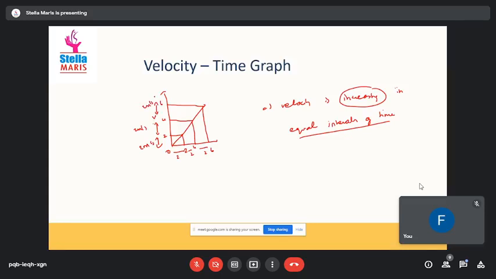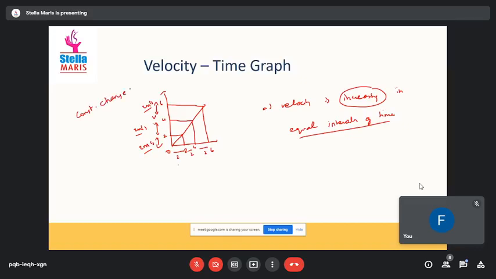Do you understand? Anybody? Anyone? So the change, okay, there is equal intervals of time. That is okay. The change in velocity is like what? Between here to here, it is 2 meter per second. From here to here, the difference is 2 meter per second, and the 4 to 6 meter per second, it is 2 meter per second. So what happens here? I can say there is constant change in velocity.